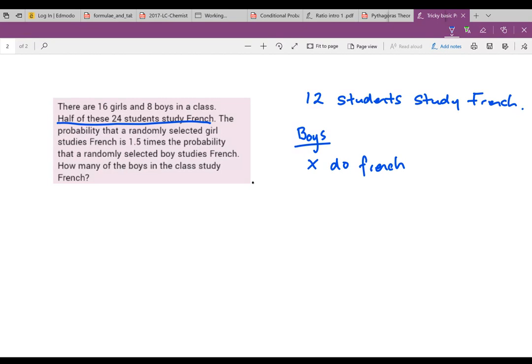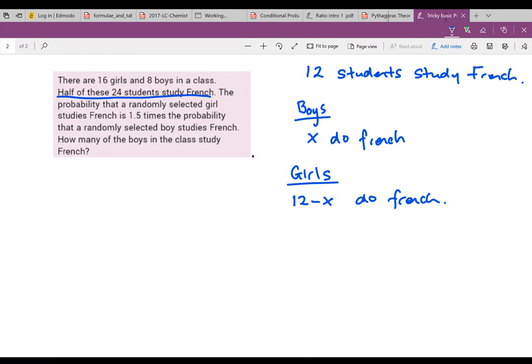Given that there's 12 in total that study French, if there are x boys, then there must be 12 minus x girls who study French.